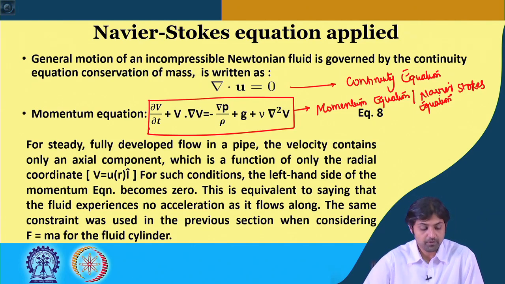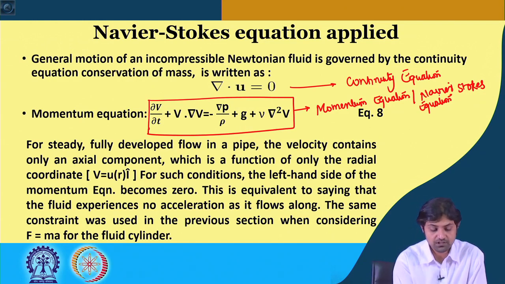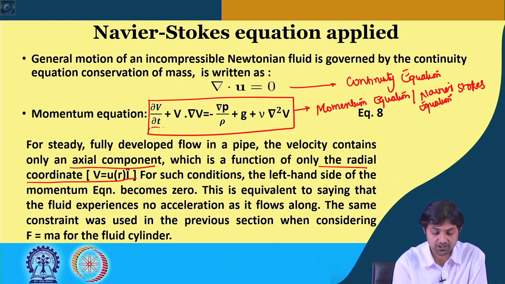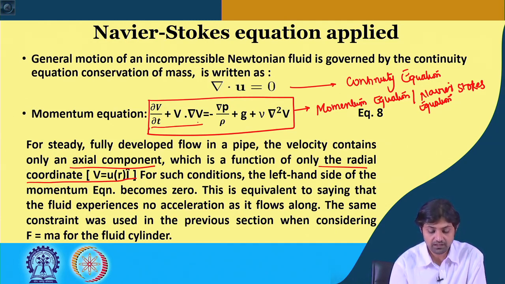So, you should remember that for steady fully developed flow in the pipe, the velocity contains only an axial component, which is the function of only the radial coordinate r that we have talked about in the beginning of this chapter itself, right. So, for such conditions, the left hand side of the momentum equation becomes 0 because it is steady, correct.